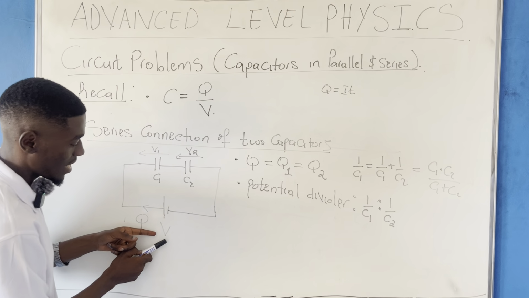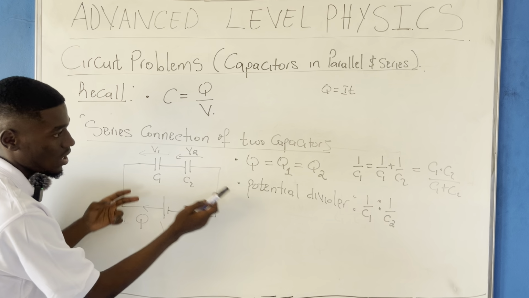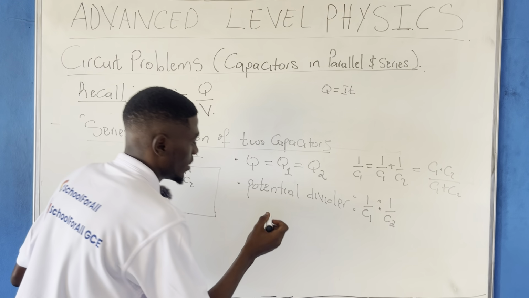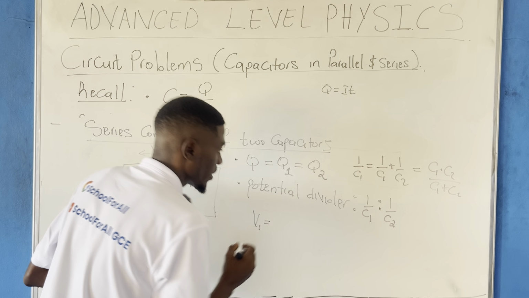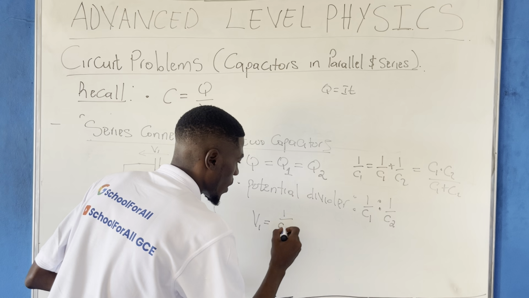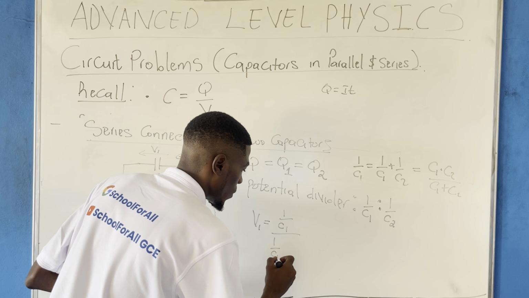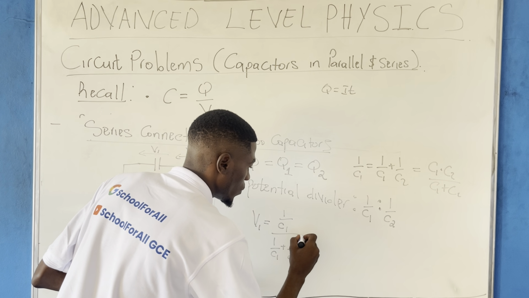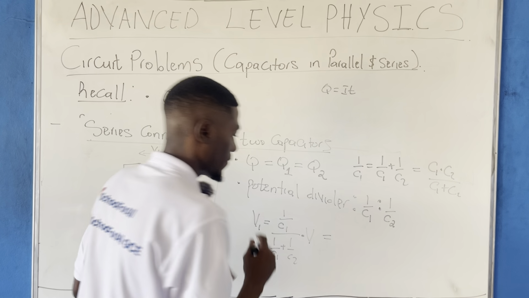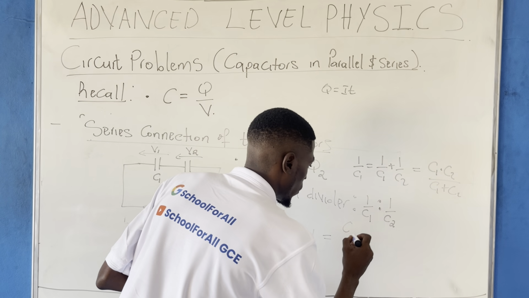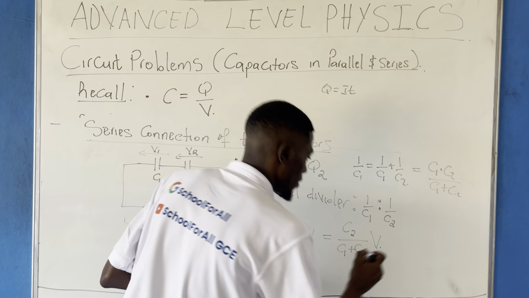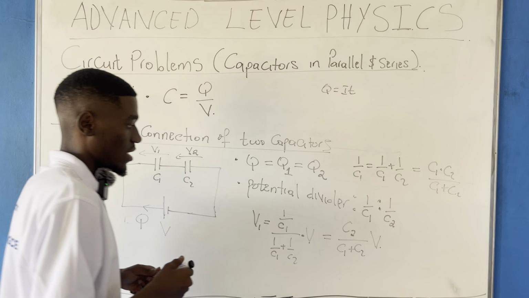So if I want to share this voltage between these two, I should take 1 over C1 is to 1 over C2. So my V1 is simply equal to 1 over C1 over 1 over C1 plus 1 over C2, times V. And after simplification, we come out with C2 all over C1 plus C2 times the voltage being shared.